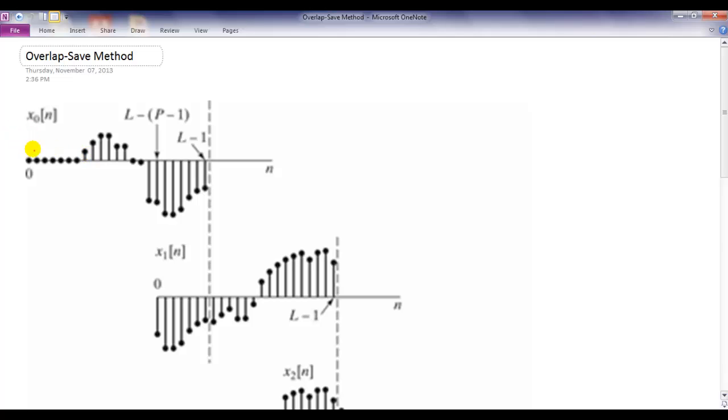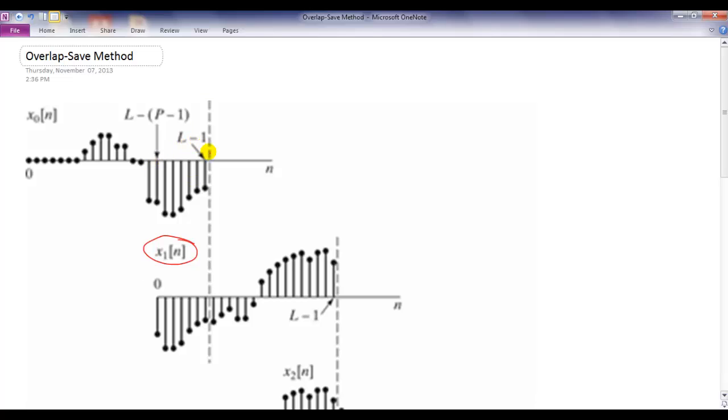So these are the P minus 1 samples back. Then in the next block, this is your next block, x_1[n]. In overlap add, we started after the previous block. In overlap save, we actually start with the last P minus 1 samples again. So we always start from P minus 1 samples behind where we ended.